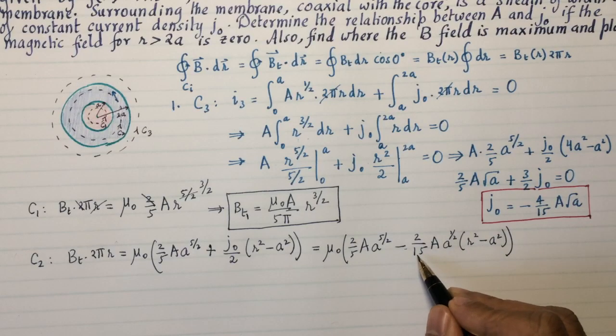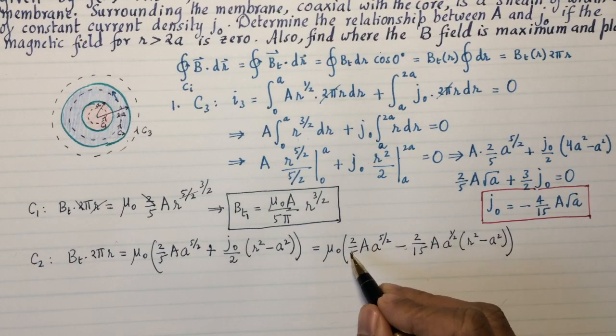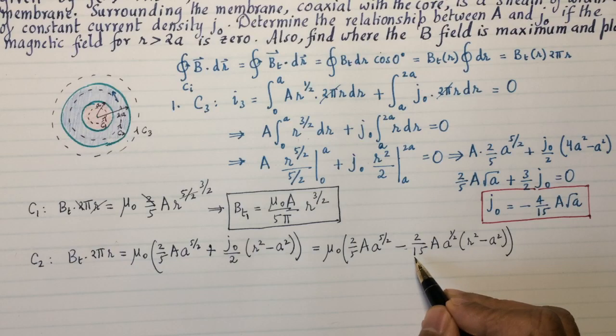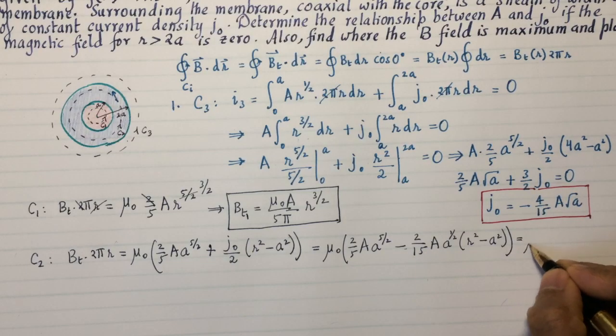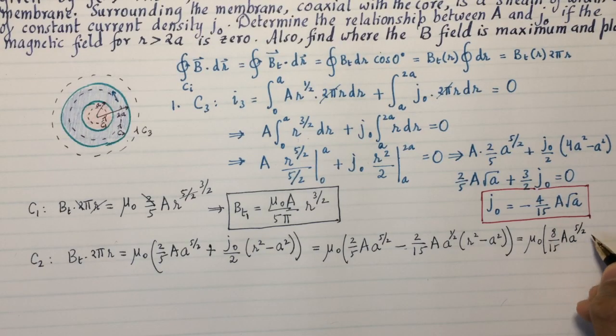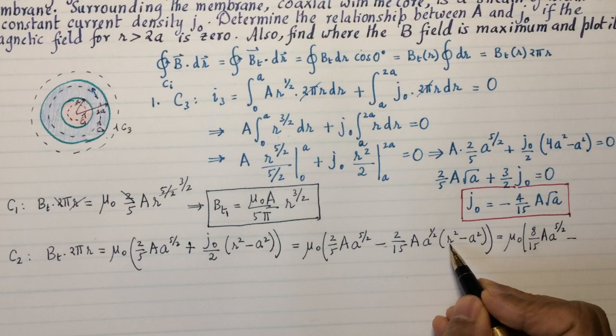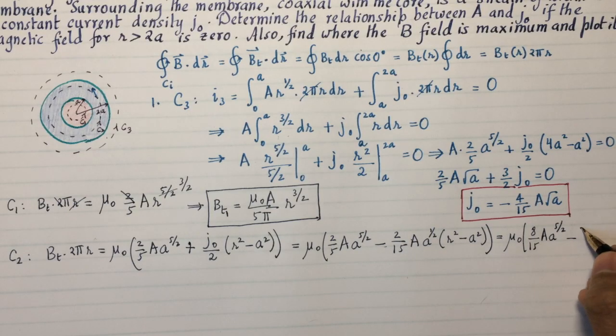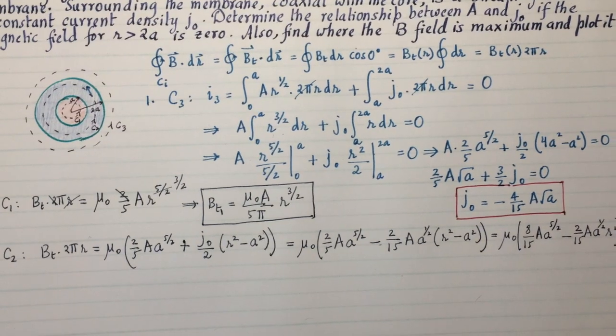So I'm going to get 2/15 plus 2/5. 2/5 can be written as 6/15, so 6/15 plus 2/15 is 8/15. So I can write this as mu naught 8/15 a to the 5 halves. And then I'm just left with something depending on r: 2/15 a to the half r squared.